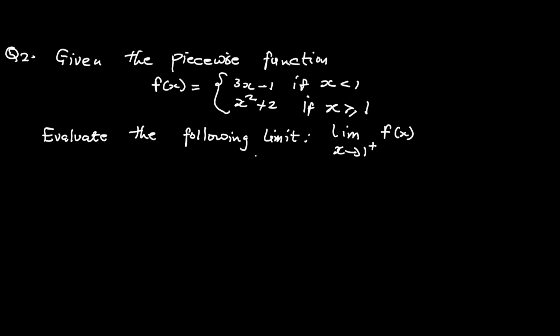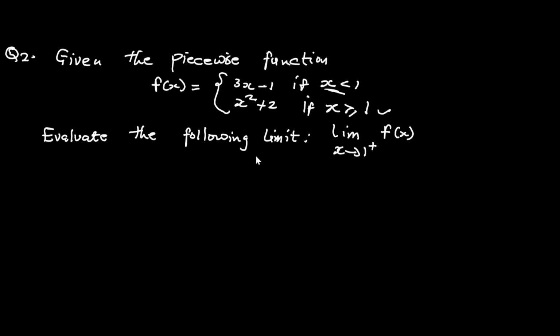Looking at our function, in this first one, x is approaching from the negative. We can see that here x will take numbers less than 1, so it is approaching from the negative. Then for this one, it is approaching from the positive. So we go for the second function and use that one to evaluate our limit.